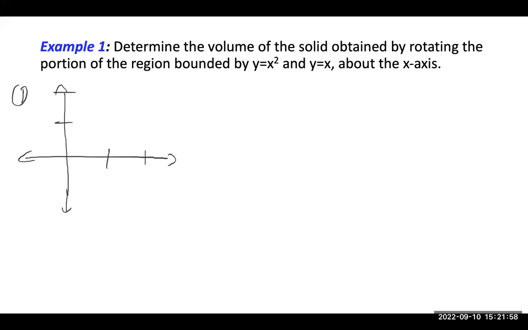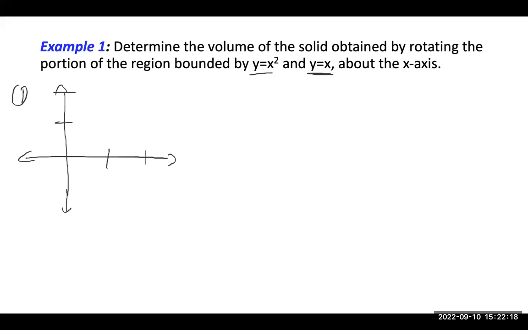So if they don't give you the bounds, what that means is that the bounds are naturally created by the functions. By that, I mean that there's going to be somewhere where these two functions intersect, and that's going to be our bound for the region. So what we need to do is figure out where these two functions intersect.